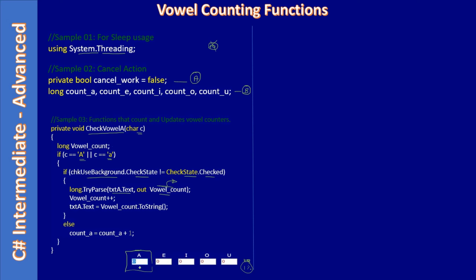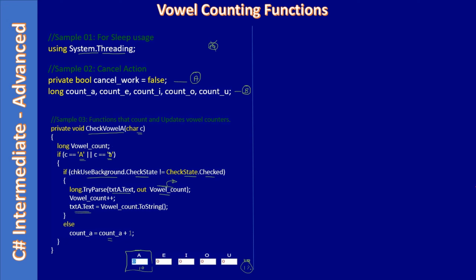So far, let's say during processing we found 10 vowels, and the function is called for the 11th character. If it is a vowel, we need to get the previous text and increment the vowel count to 11. Then textA.Text is vowelCount.ToString, assigning that vowel count to the text. So here countA we are incrementing by 1.